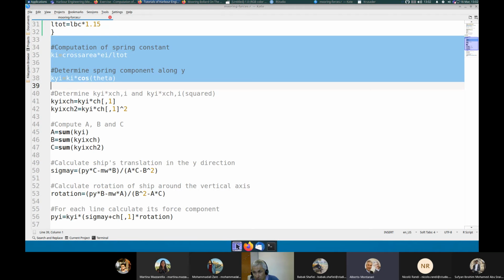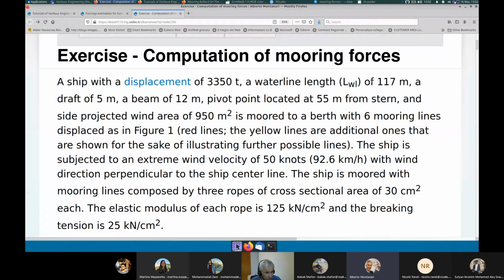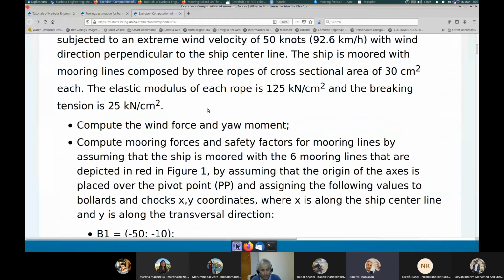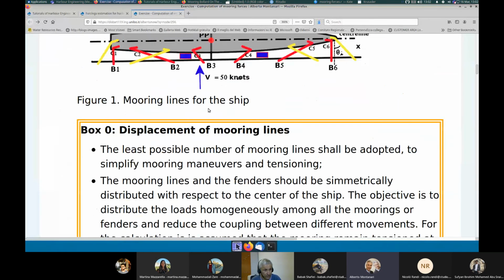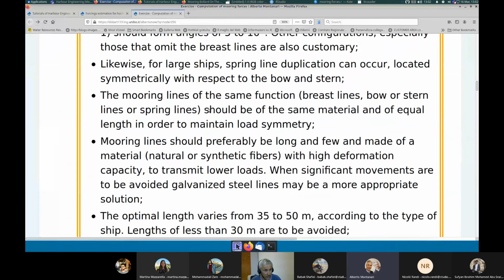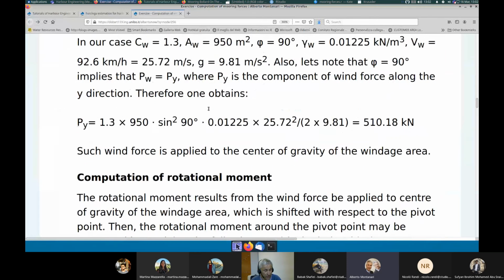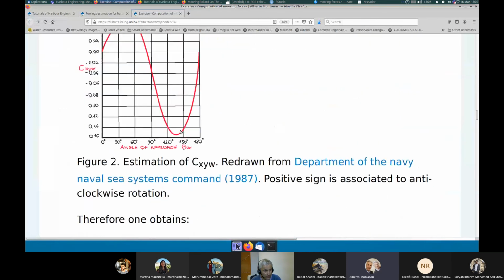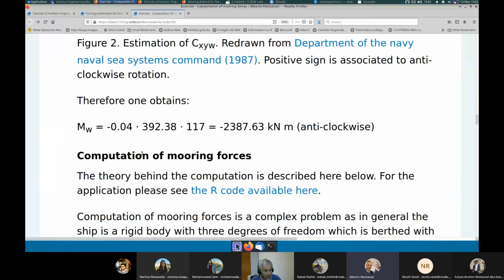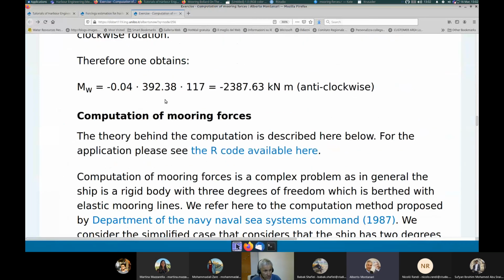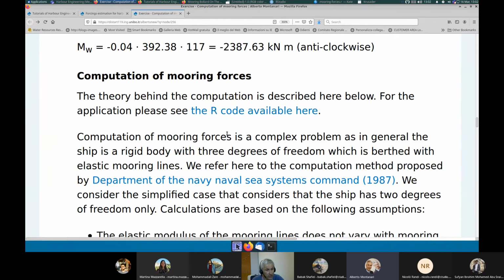It's here. Computation of mooring forcing, I think, yeah, the R code is the same.